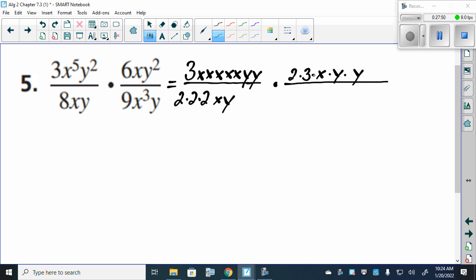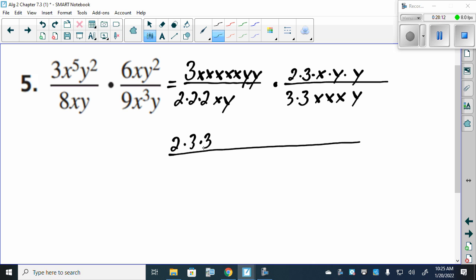And what I'm doing here is writing these as small as we can get them, as their prime factors. 9 would be 3 times 3, x squared would be x times x times x, and y. Now if we multiply these together, we would put the numbers up front. 2 times 3 times 3, and then we would have 6 x's, 1, 2, 3, 4, 5, 6, and then we'd have y, y, y, y.